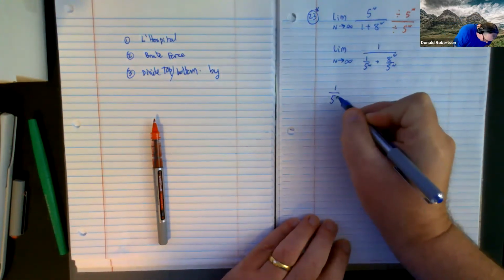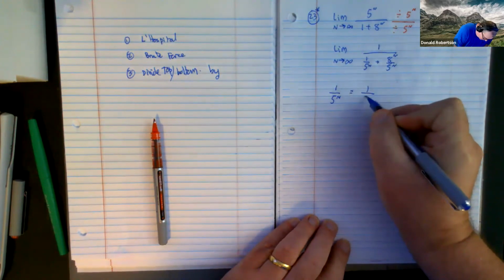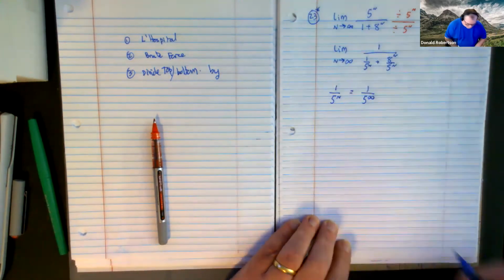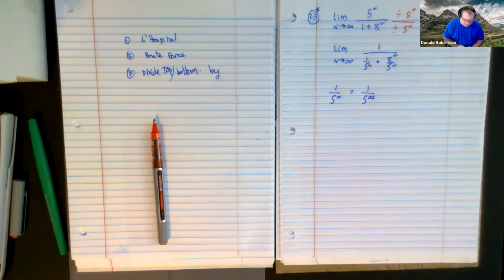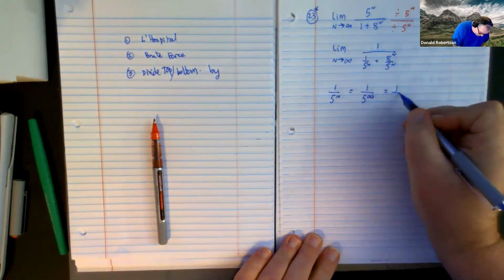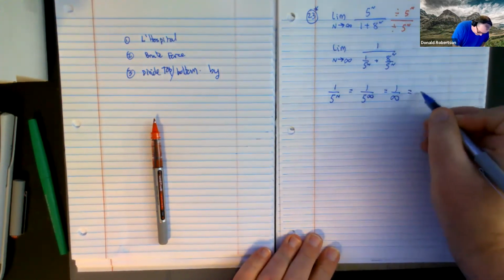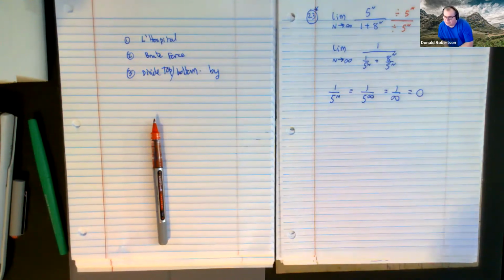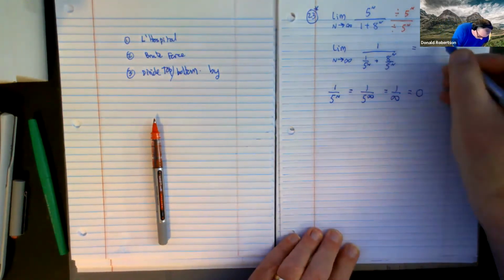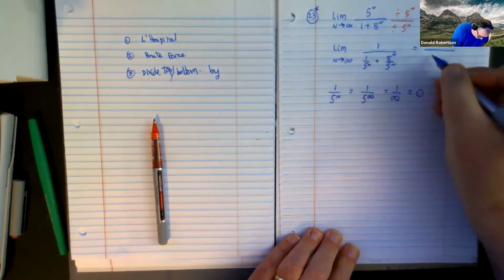I'll just do these guys separately. Won't this guy be 1 over 5 to the power of infinity? And would you agree that's the same as 1 over infinity? Would you agree that's 0? Are you happy with that one? So I got a 1 on the top. That guy gets me 0.